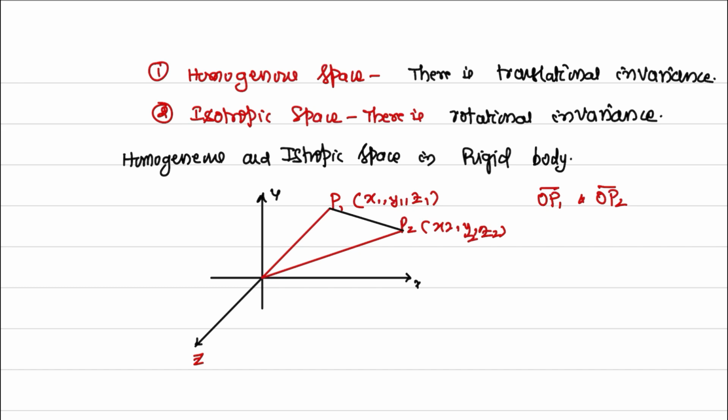Please try to understand. P1P2 is fixed, until and unless the force is so huge that it breaks the rigid body. Under normal conditions, the distance between two particles is fixed. The displacement between two particles is fixed. P1P2 is fixed. P1 is X1, Y1, Z1. P2 is X2, Y2, Z2.